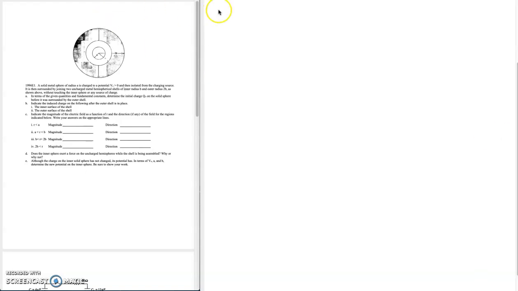So for part A, they want us to determine the charge on the solid sphere before it's surrounded by the outer shell in terms of the given quantities. Now for a spherical charge or a point charge, we've previously figured out that the electric potential is kq over r.